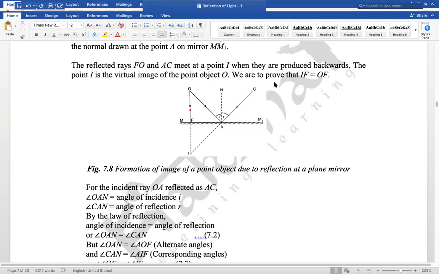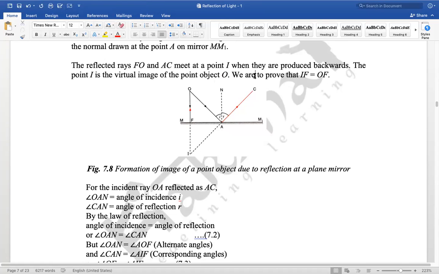Now we have to prove that IF is equal to OF. ठीक है, ये हम लोग को सबसे पहले prove करना है.